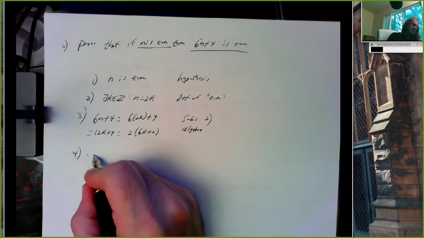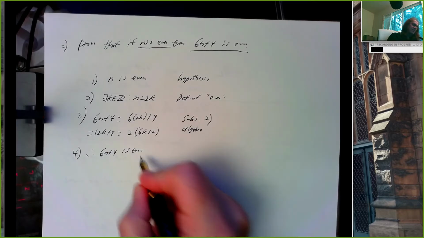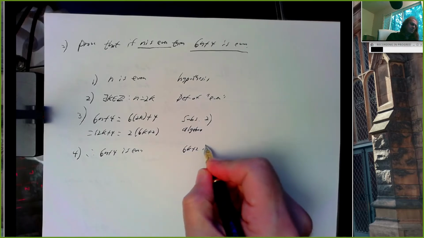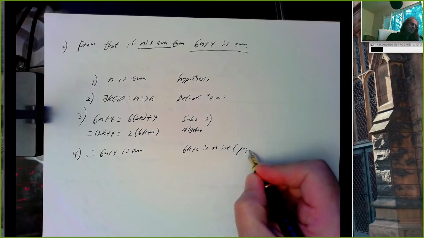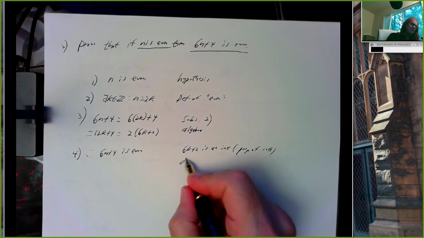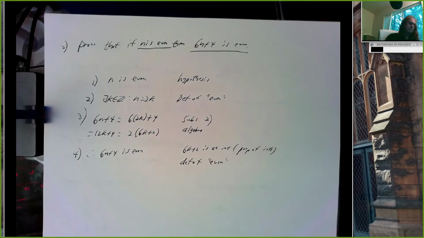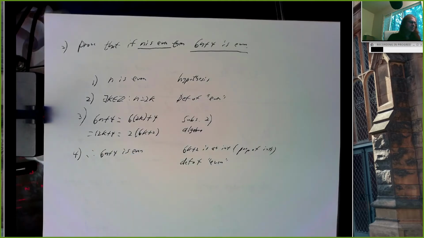And now I'm just going to say, therefore, 6n plus 4 is even. And the reason for that is 6k plus 2 is an int. And that's, you know, properties of ints and definition of even. I could make a separate step where I state 6k plus 2 is an integer, and I could call it j and so on, but this is the spirit of it, right?